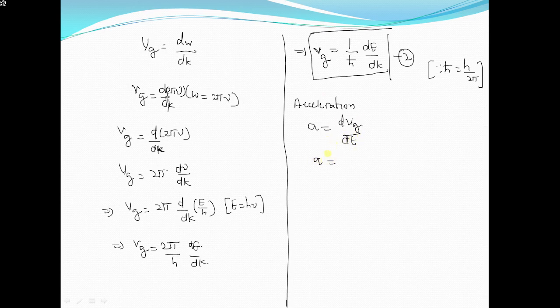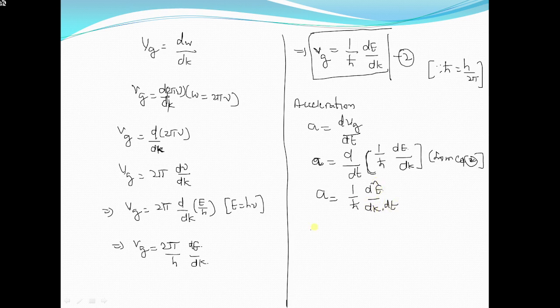So a is equal to d by dt of Vg, which is 1 by h cross dE by dk, from equation 2 above. So a is equal to d by dt of 1 by h cross dE by dk. So a is equal to 1 by h cross d square E by dk dt.